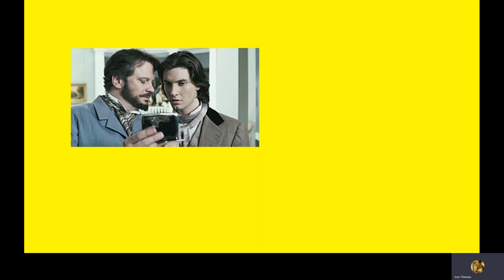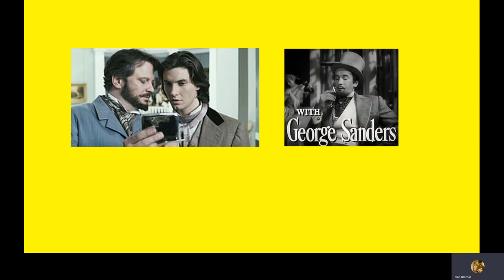Colin Firth playing Lord Henry, elegant, has a paternal quality about him, quite an intimate quality as well. And of course, we need to capture that sense of confidence and languid elegance. Remember, languid means relaxed. So it's over to you.